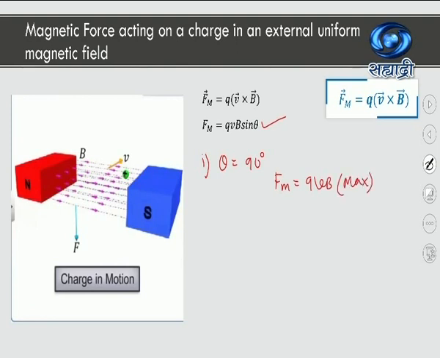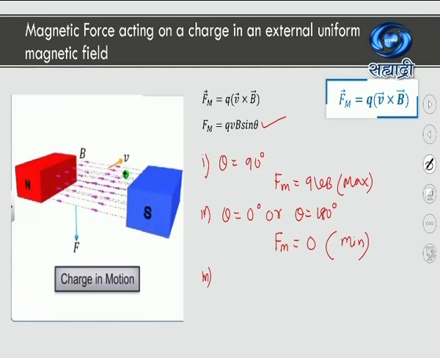If theta, the angle made by the charge velocity with the magnetic field, is 0 or 180 degrees, then from the previous equation, Fm is equal to 0. If the charge is moving parallel or anti-parallel to the magnetic field, it will experience no force. That force is obviously minimum.